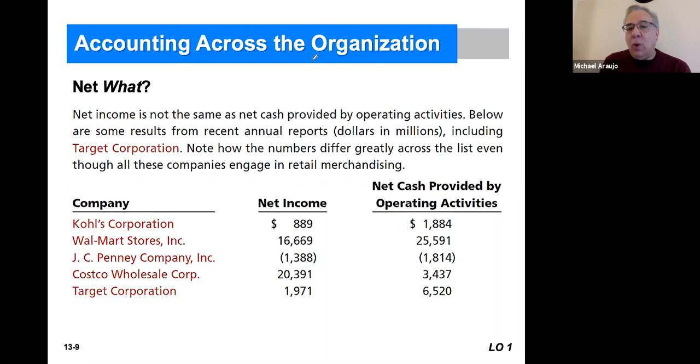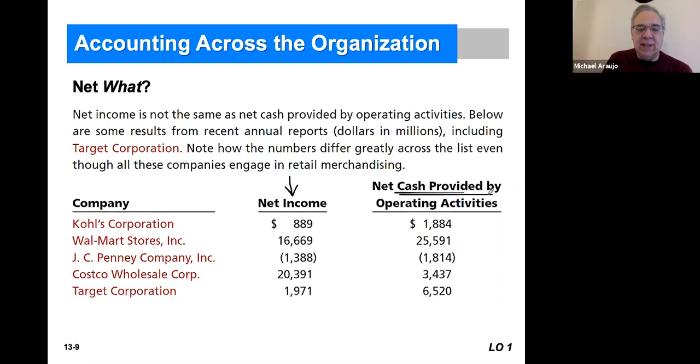However, when we talk about cash flow and the statement of cash flow, we're actually looking at cash basis. And so one of the things that you're going to be learning here in this part of the chapter is understanding that even though a company is going to report a certain net income, that's not necessarily the same as the cash that actually was provided by those operating activities, which are usually on the income statement.